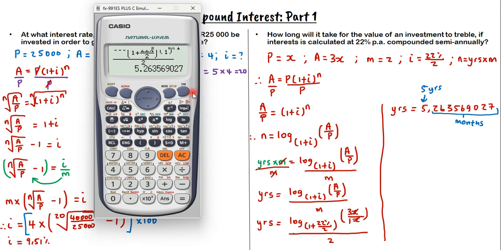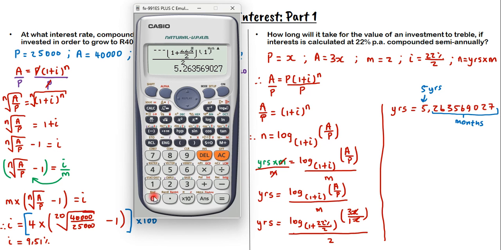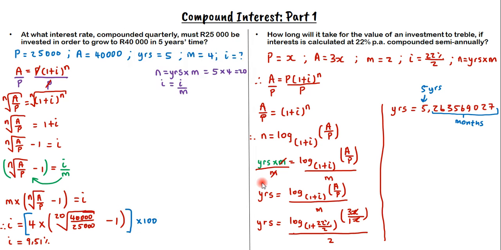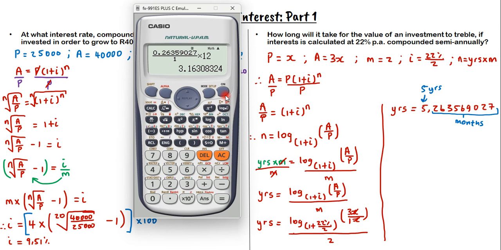Basically all we have to do is take this 0.26359027, and then we divide it by the total number of a year, which is 1, and multiply it by the total number of months, because we're converting years to months. So now we're going to get those 3 months there. That is how we get our value. So if you want to write the value, it will be 3 months.